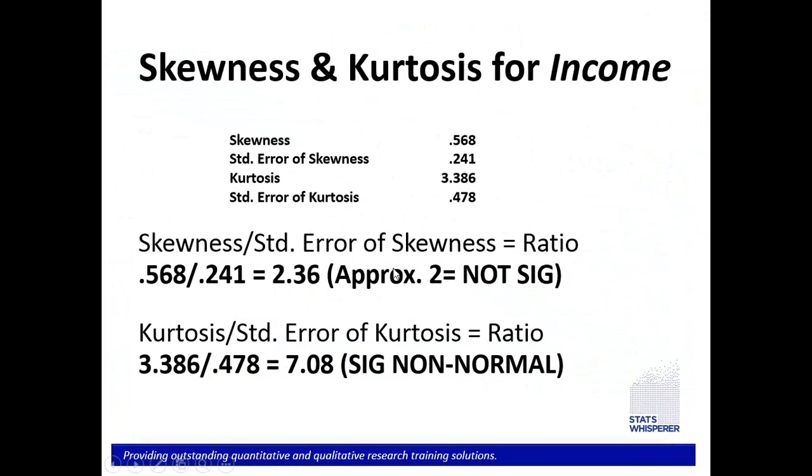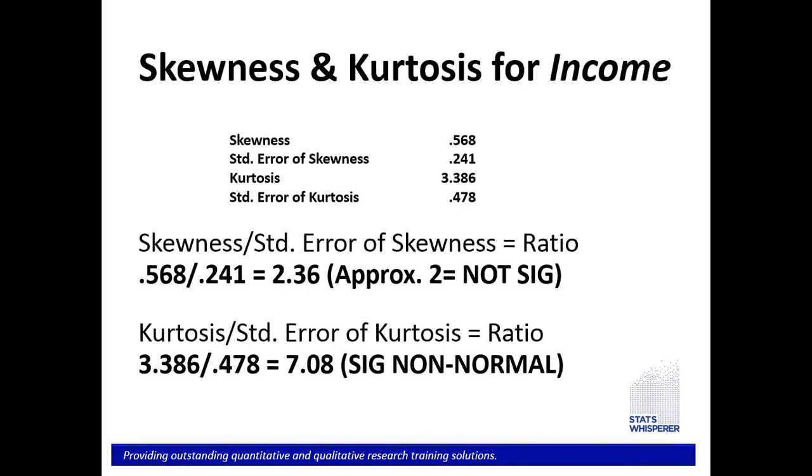It's in that 2 to 3 times ratio slot. However, if we look at the kurtosis, it's large, 3.386, and the standard error is 0.478. So when we divide that, we see a ratio of 7. So the kurtosis is more than 7 times the standard error. So it's significantly non-normal, right?